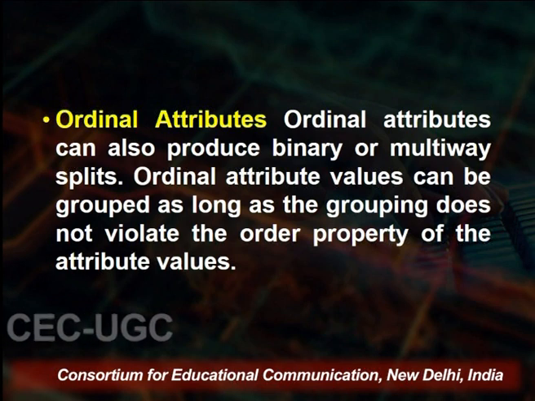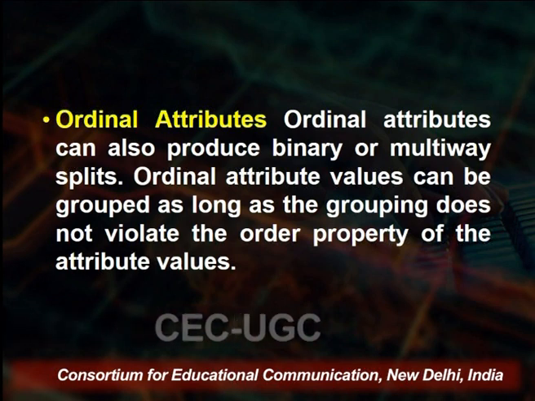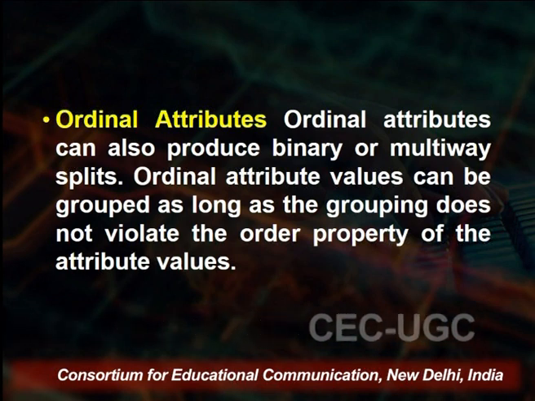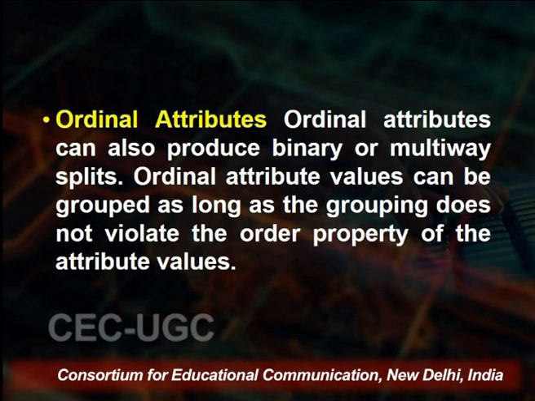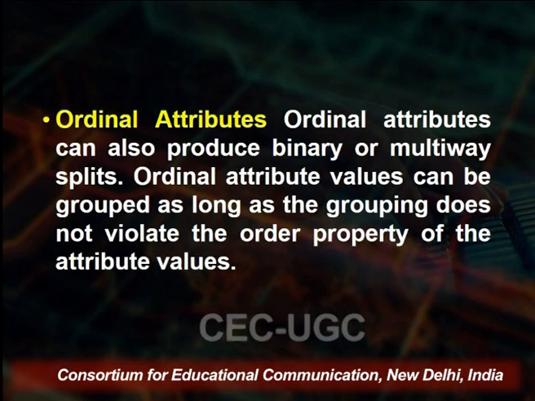Now the next is the ordinal attributes. We remember we had discussed that ordinal attributes are those in which the order needs to be preserved, right? So the order needs to be maintained. They can also produce binary as well as multi-way splits. Ordinal attribute values can be grouped as long as the grouping does not violate the order property of the attribute, because in ordinal attributes order is important.